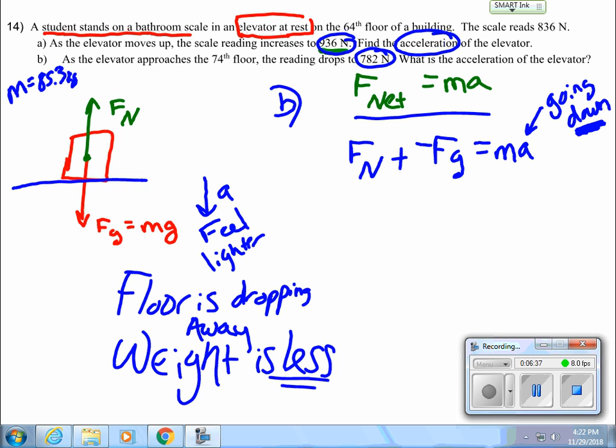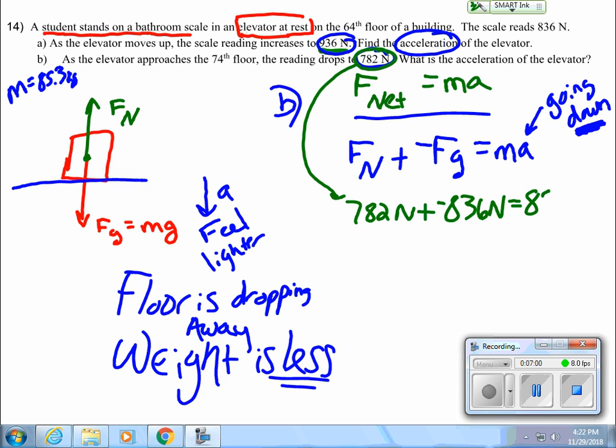I want my a to show me that I'm going to weigh less. Let's put in what we know. My normal force, which was already given, is 782 newtons, plus what I normally weigh, which is negative 836 newtons, equals my mass, 85.3 kilograms, times a.